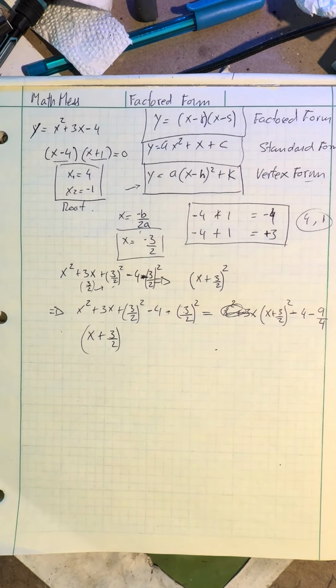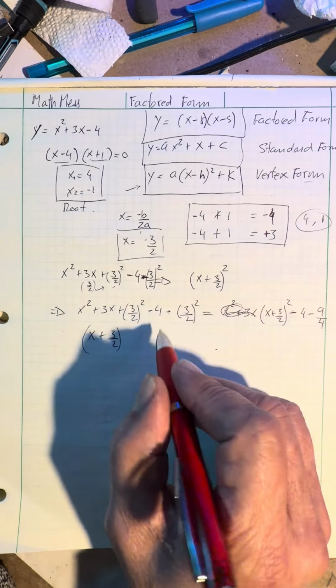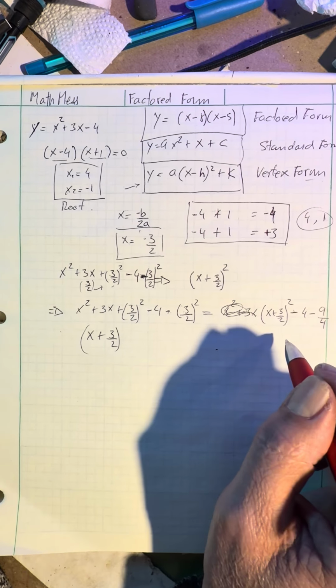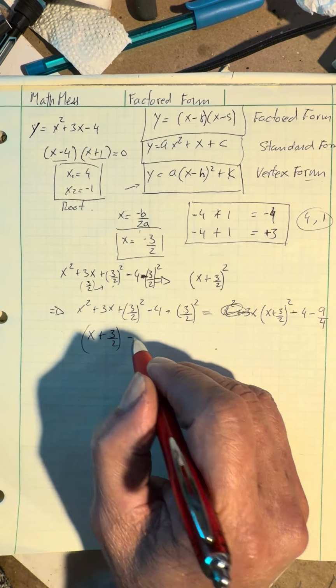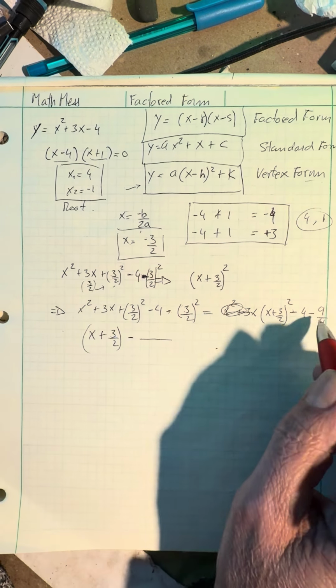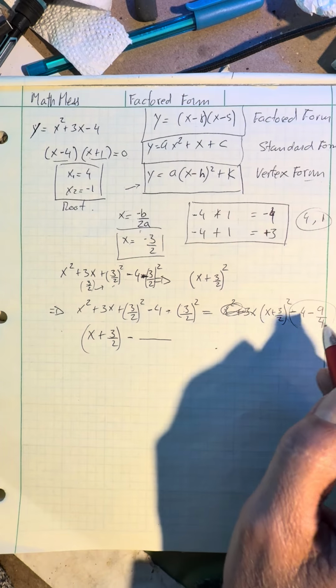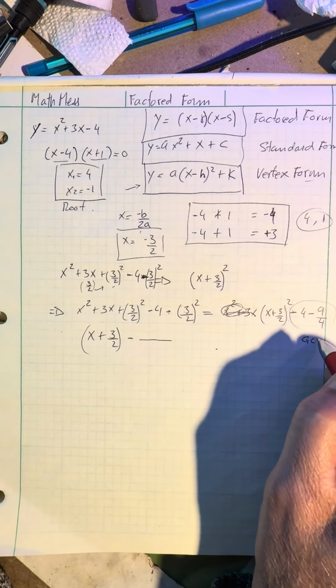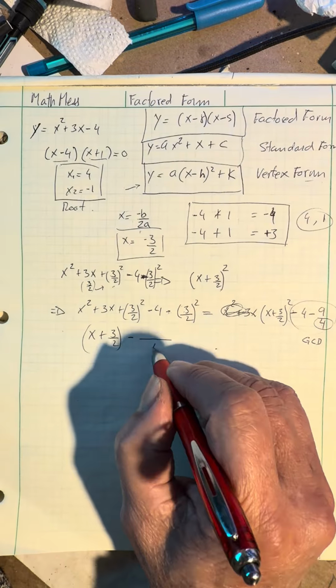Where's my paper? Let's see what happens. So this will be minus, we'll put the whole thing in this thing. The greatest common divisor is 4. We put it down here.